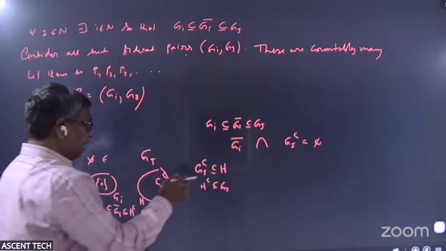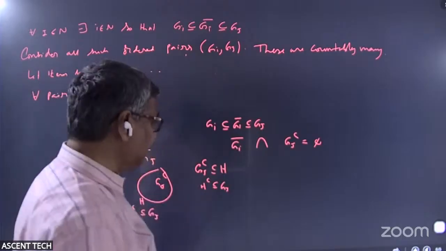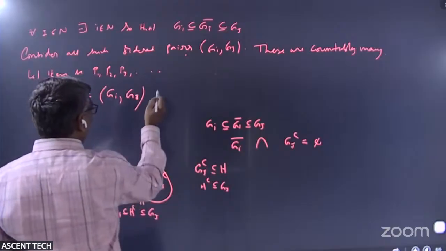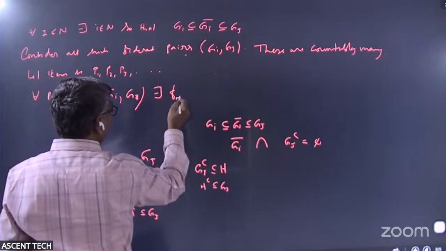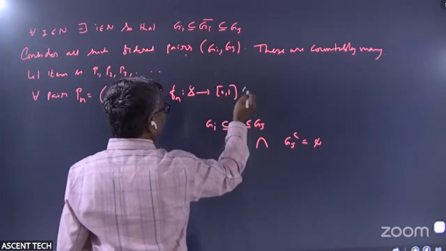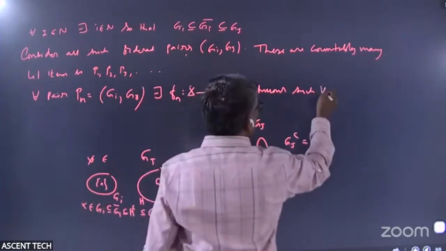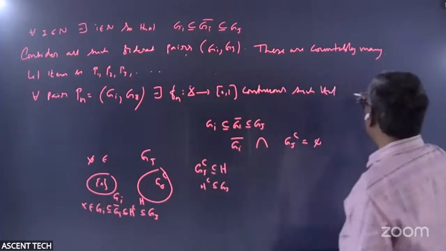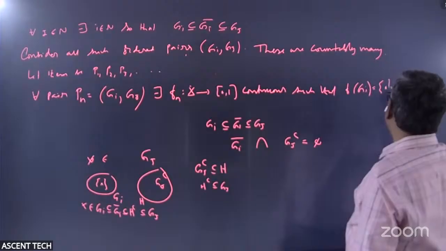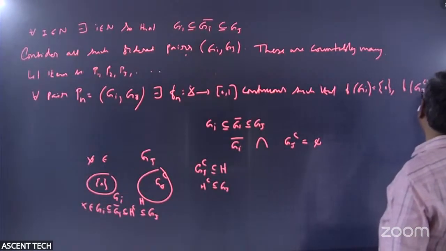So by our original lemma, I can have a function which separates these two things. For each pair, there is a function fn from X to [0,1], continuous, such that on Gi bar, f is 0 and on Gj complement, f is 1.